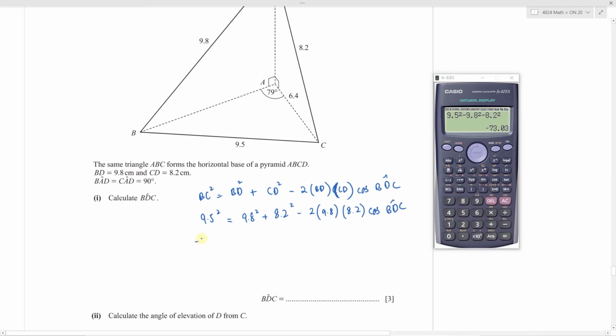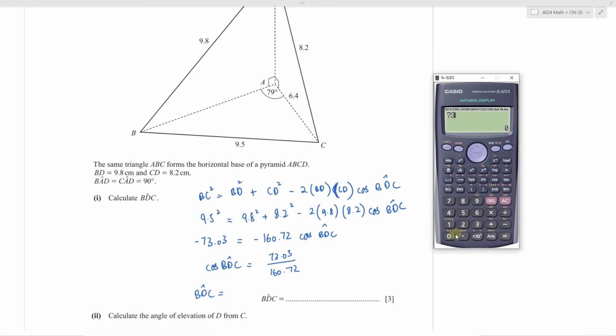So this is minus 73.03 equals minus, let's multiply these, 2 into 9.8 into 8.2, 160.72 into cos of BDC. So minus and minus cancel out. Cos of BDC will be 73.03 divided by 160.72, and angle BDC will be cos inverse of this.